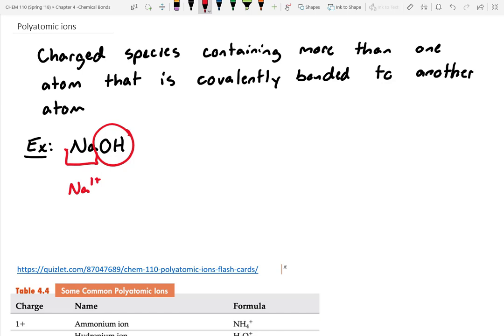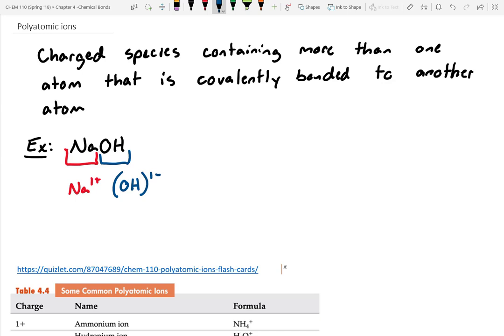It's not another atom, so we can't determine the charge of it. However, we can treat this as an entire unit. So it's actually 2 atoms making up the anion. And what charge do you think it must have? Negative 1. And so what students will often do is they'll show that in brackets, and they'll say that must be 1 negative in order to counteract that sodium.